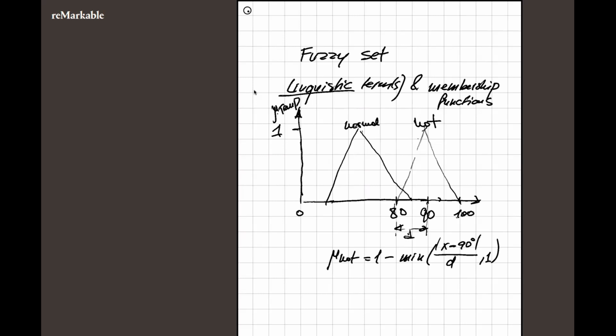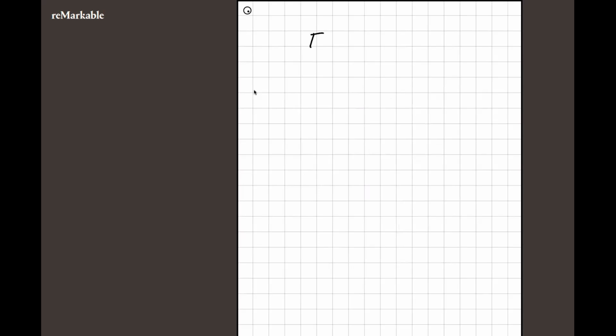Fuzzy rules then, that's easy. They should relate the input and the output side membership functions.